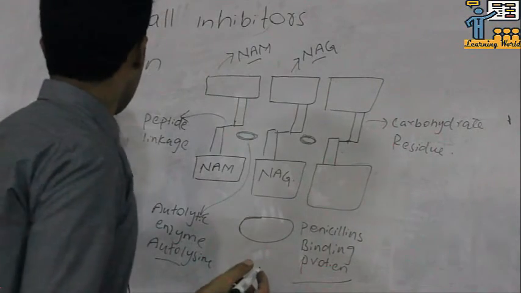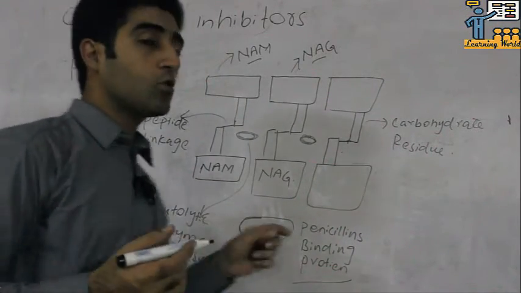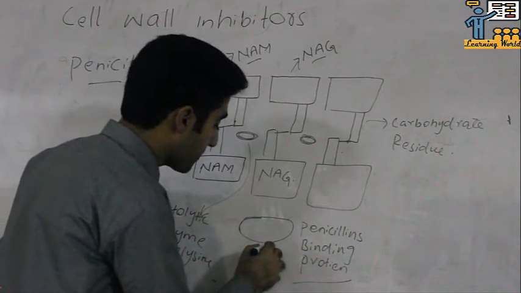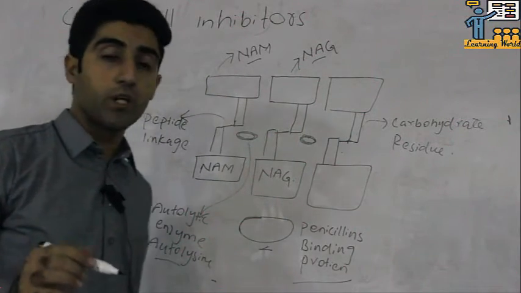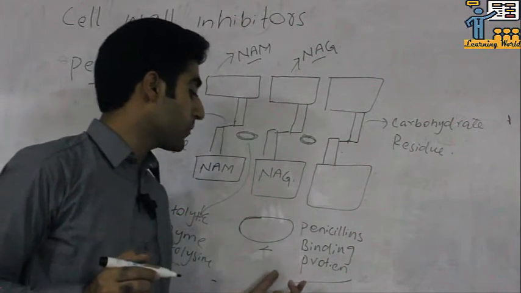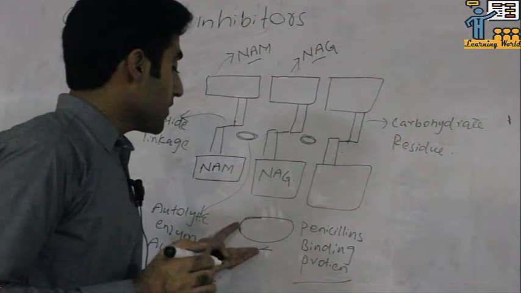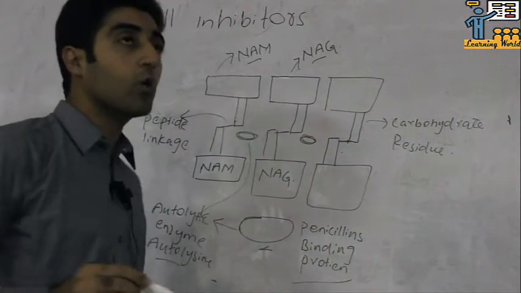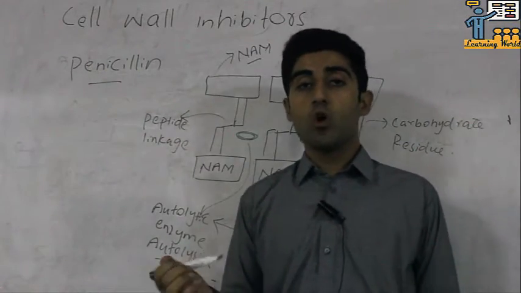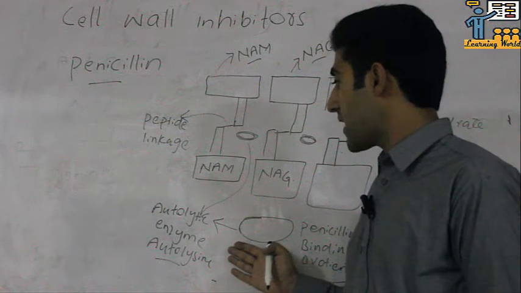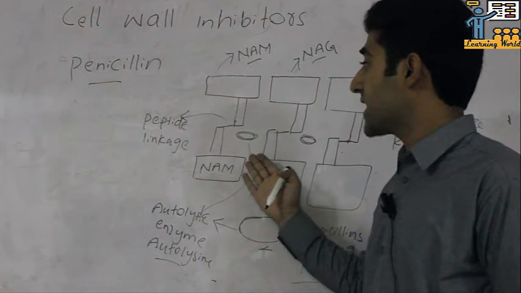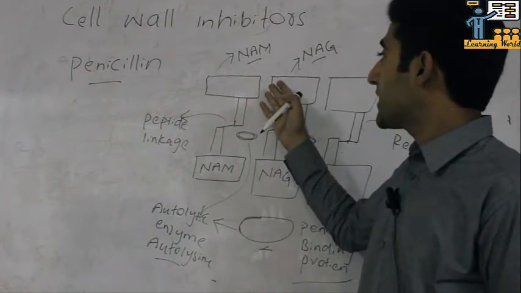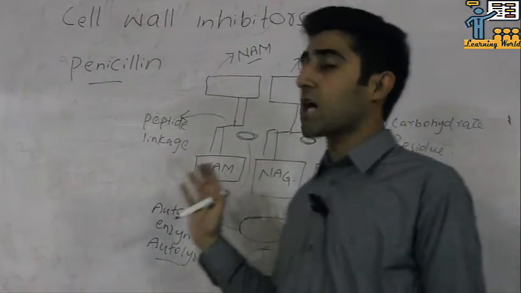So first of all, when we give penicillin to the patient, the penicillin will act on this receptor site, the penicillin binding protein. The penicillin binding protein will activate the autolytic enzyme, the autolysin enzyme. When activated, this autolysin enzyme will break the peptide linkage which is present between the N-acetyl muramic acid and N-acetyl glucosamine.